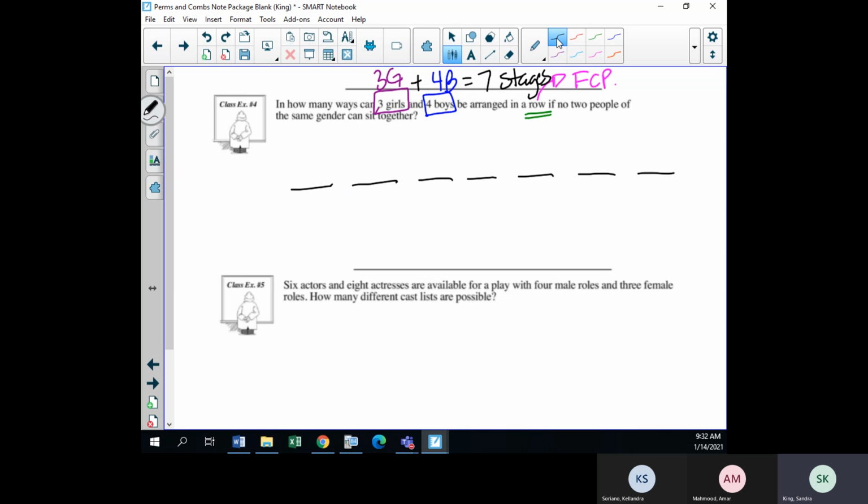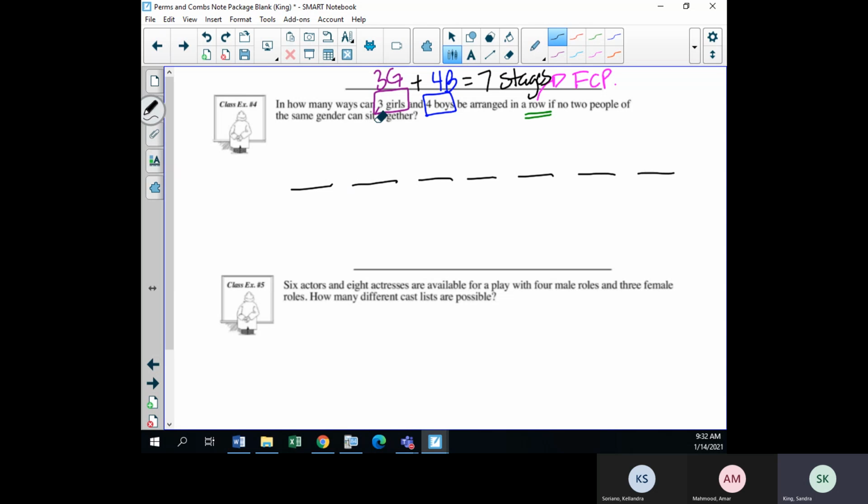Okay, so from here, here's what I want you to look at. What the restriction is, how we're going to arrange these kids, is no 2 people of the same gender can sit together. So don't worry about the complement or anything like that. Just no 2 people of the same gender can sit together.